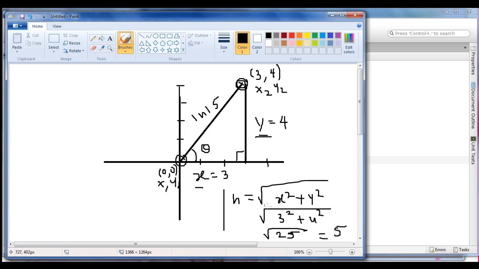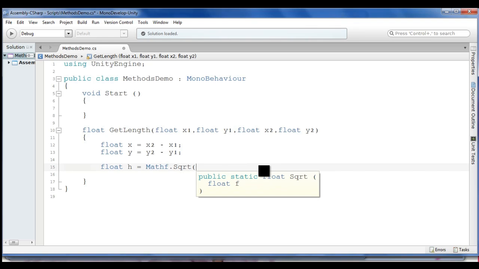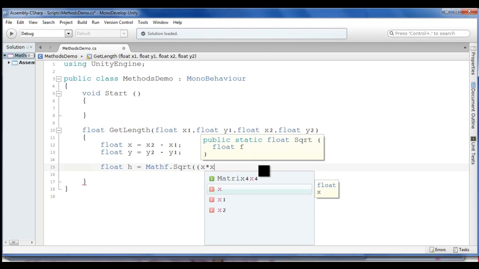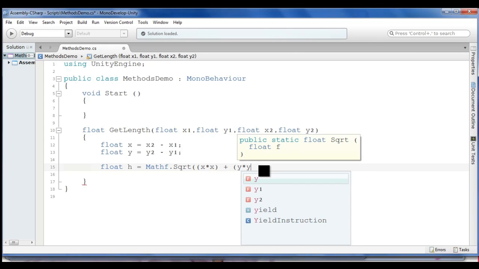We will be using this formula. So let us write the formula here. Let us take a float h, that is our actual distance. So actual distance is equal to Mathf.Sqrt of x square plus y square. So we can write here x into x plus y into y.